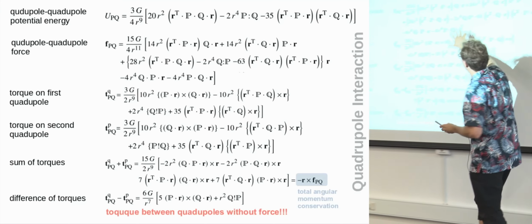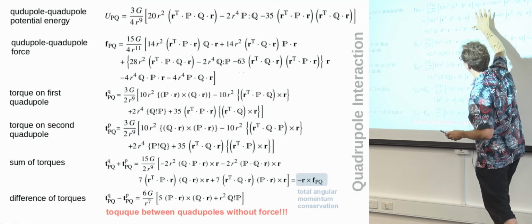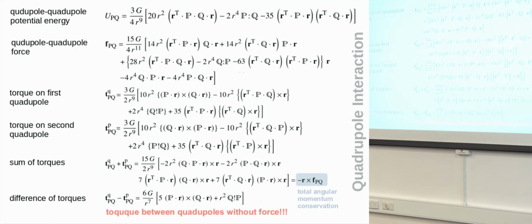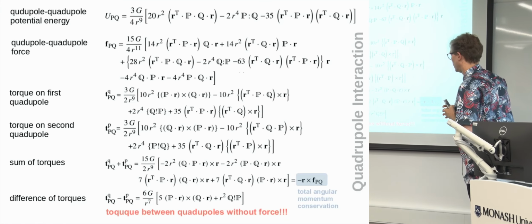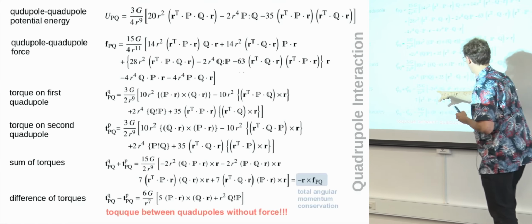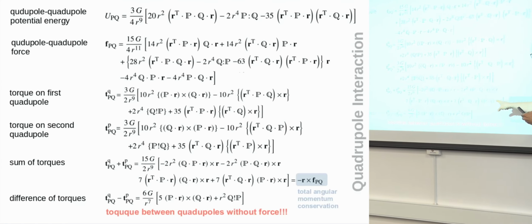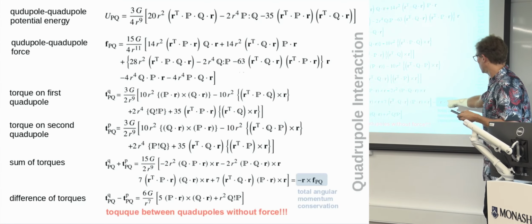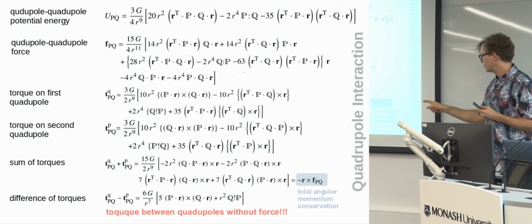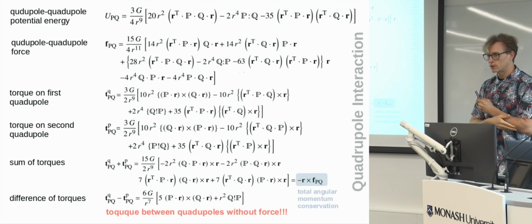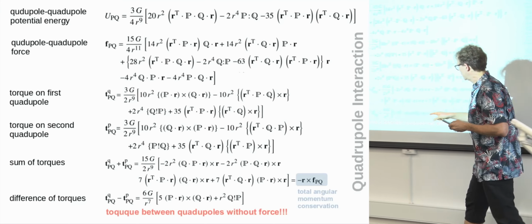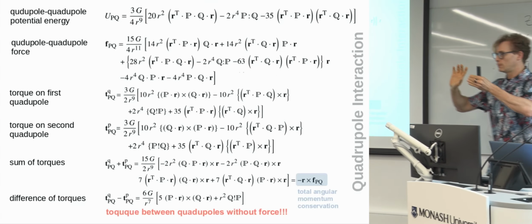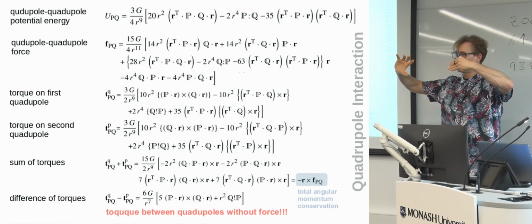The interesting thing is you get two terms: you can get the force between the two quadrupoles, and you can also compute the torques for each of these two quadrupoles. Then you can add them together, and some of these terms cancel out, and what you find is that the sum of the two torques on these two objects is minus r cross f, the force between the two, and so the total angular momentum is conserved. But when you take the difference, it is not zero, so you can have a torque between two objects without a resulting force.